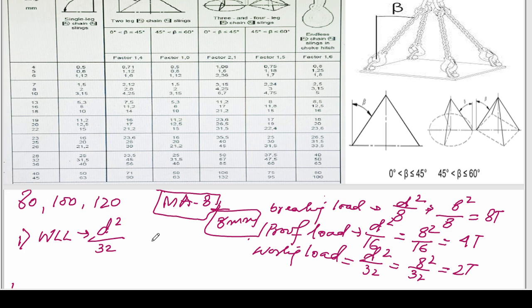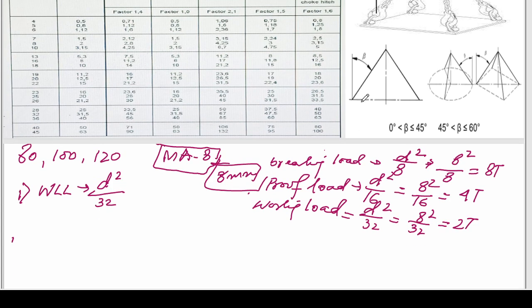You will remember this. Whenever you find the WLL and multiply it, this factor will come. The factor is your WLL into cos beta, where beta is the angle.